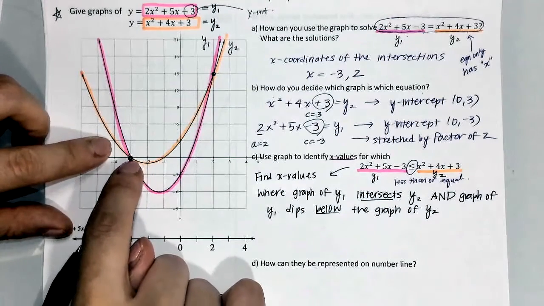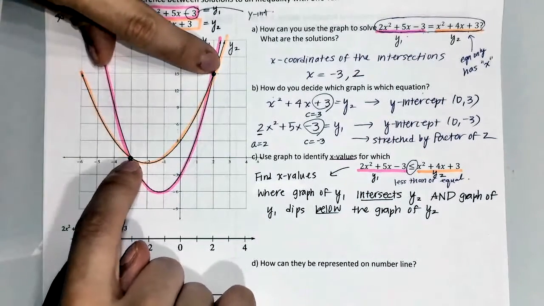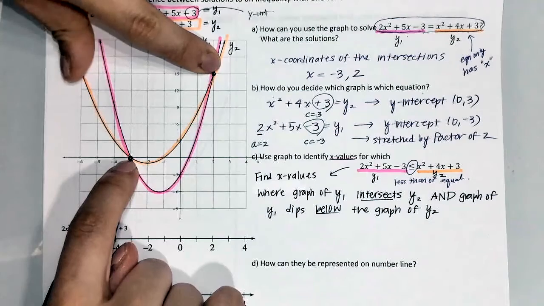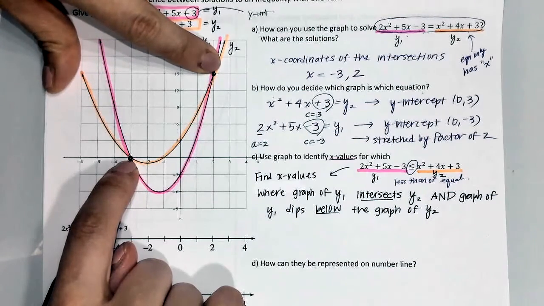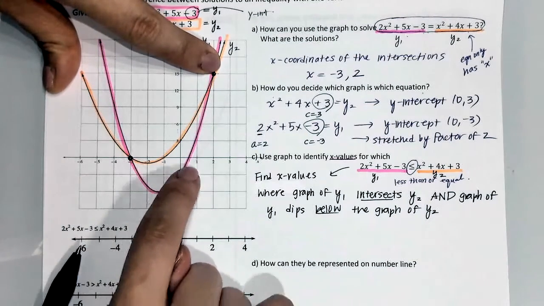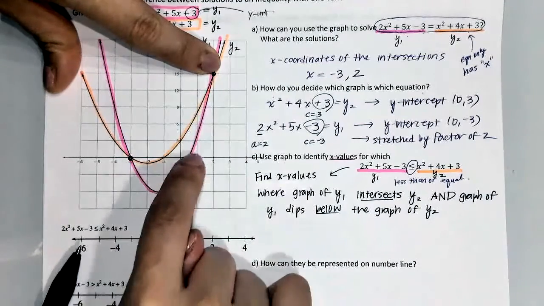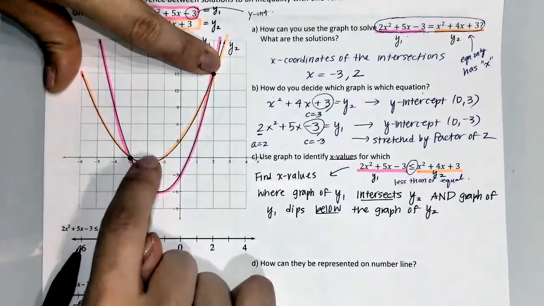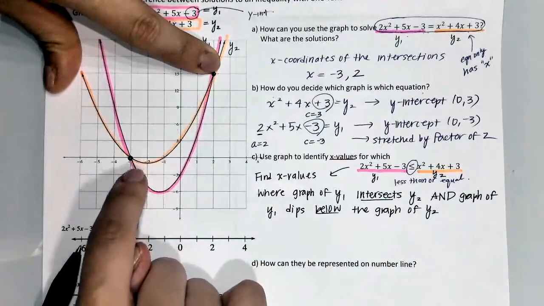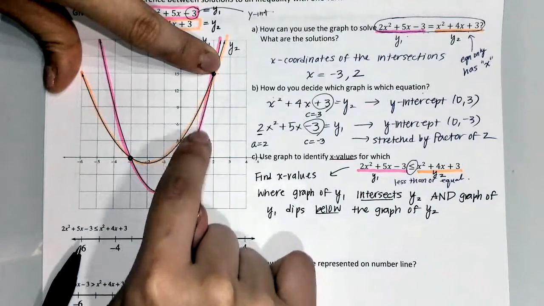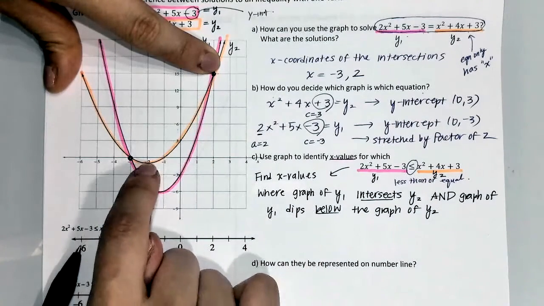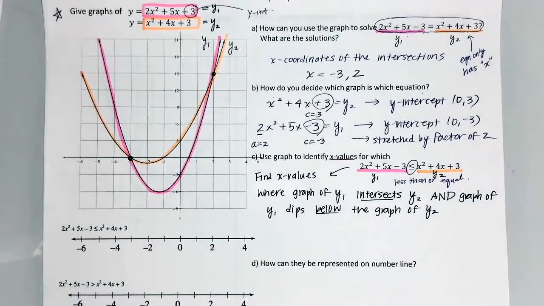This is where the y sub 1 and y sub 2 intersect. And then where is y sub 1, the pink graph, below the orange graph? It's right here. This is where y sub 1, the pink graph, is below y sub 2. So what are the x values? What is the domain where y sub 1 is below y sub 2? Let's take a look.